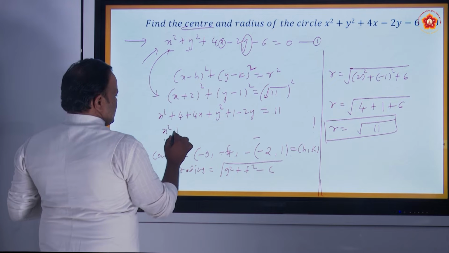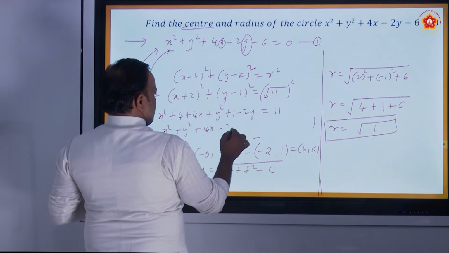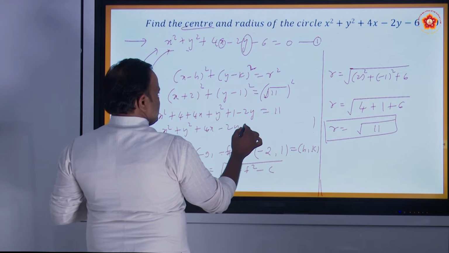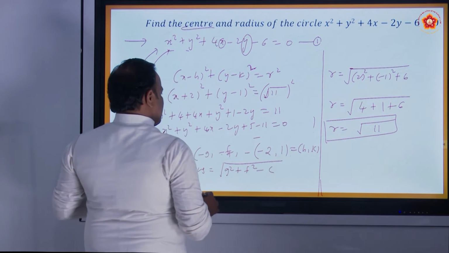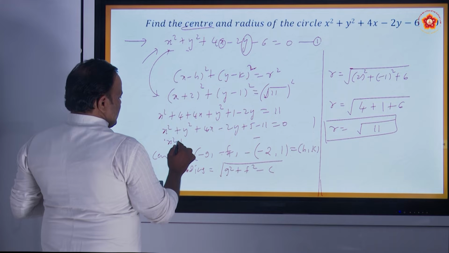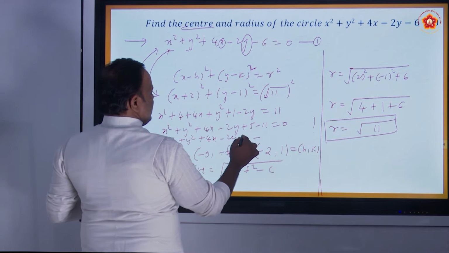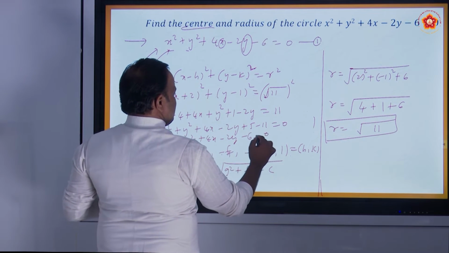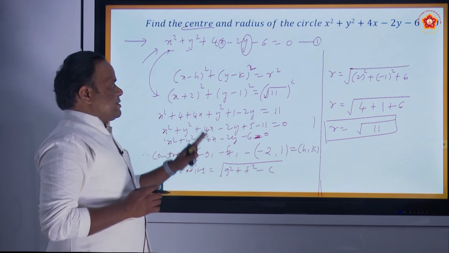The equation becomes x square plus y square plus 4x minus 2y plus 5 minus 11 equal to 0. Simplifying, x square plus y square plus 4x minus 2y minus 6 equal to 0.